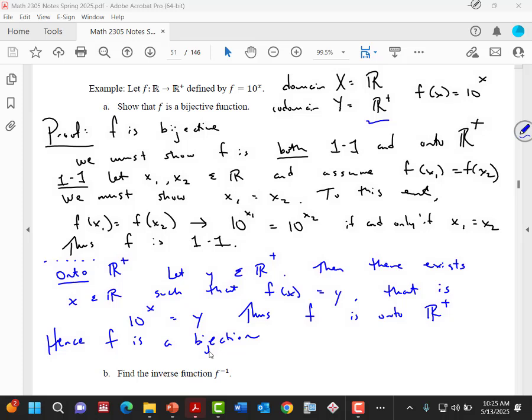We want to pivot and find the inverse function f inverse. Let me erase this and we'll scroll down and find the inverse.